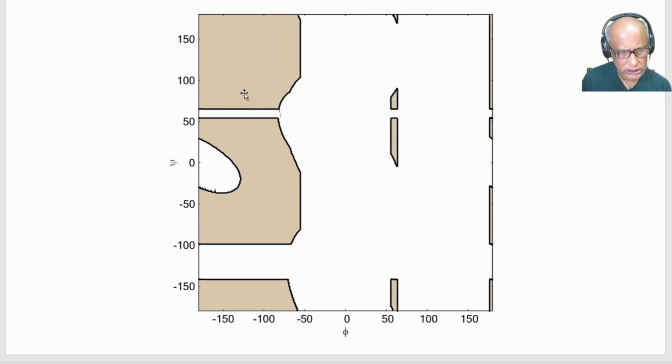So some people just join up the whole thing and disregard this particular disallowed region. But if you are very particular about the extreme limits, then this will appear disallowed. At least in one of his articles, Ramachandran considered it allowed by adjusting the extreme limit. So most of the cis peptides, you will find, occur in the negative phi side regions.